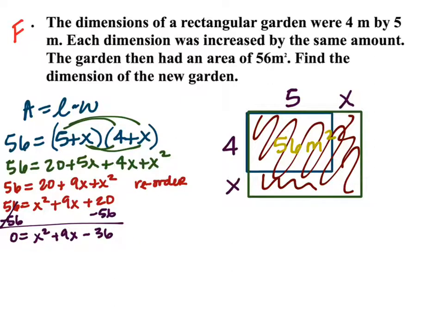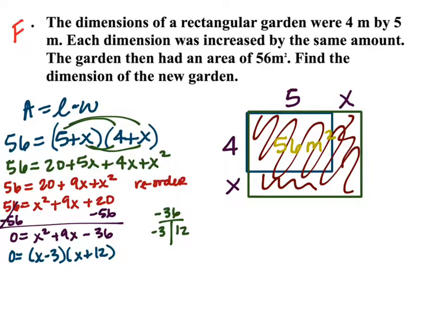There are three terms, and the first term has a coefficient of 1, so I'm going to use third term factoring. Negative 36 allows me to have a negative 3 and a positive 12 in order to add to a positive 9 but multiply to a negative 36. So in factored form, I write x minus 3 and x plus 12.